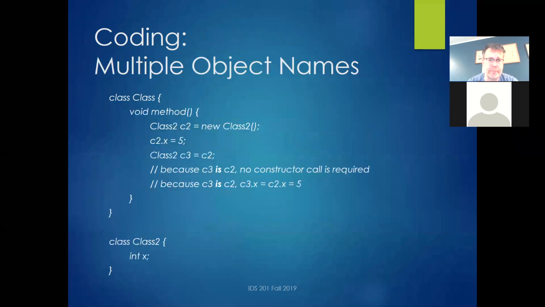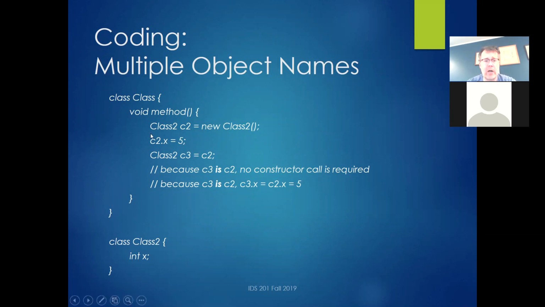Okay. Now, of course, you can have multiple object names. So for example, in the slide here, we have two classes. There's one class called class and another one called class 2. Class just has a method, class 2 just has an int as data. Again, a reasonably large integer, about plus or minus 2 billion is the range on that.